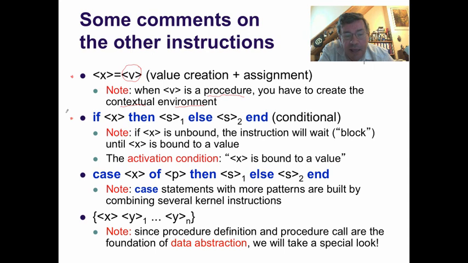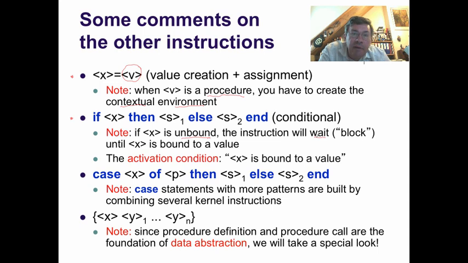For the conditional, if x, then S1 else S2, end. If x is unbound, the instruction will wait, because in fact it's neither true nor false. It could be bound to either, so we cannot do either of the two cases. So the semantic stack will not be reduced.